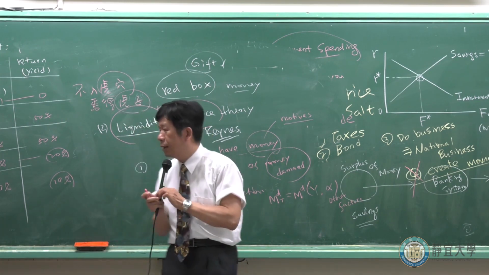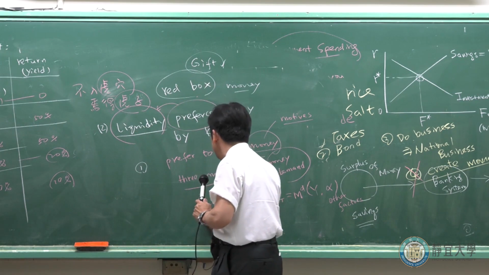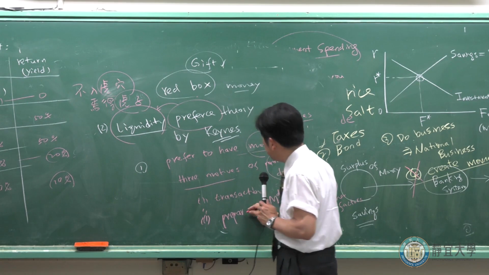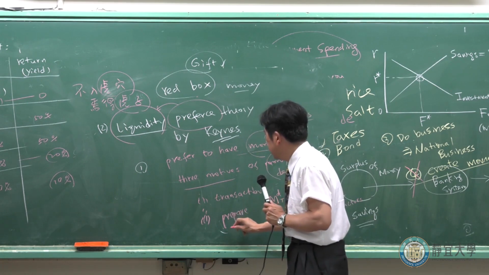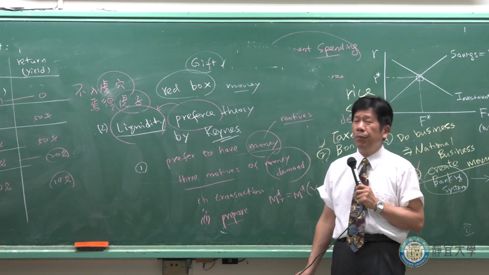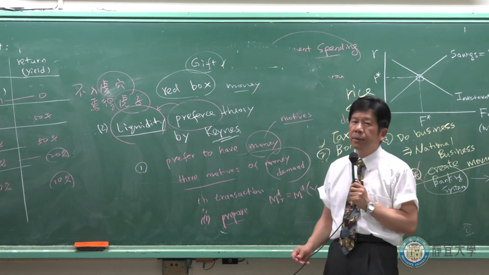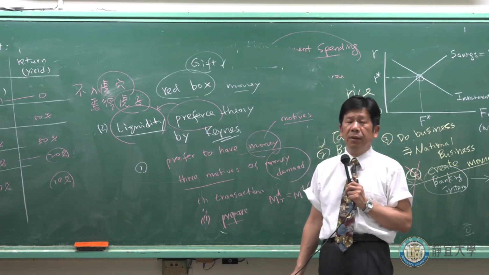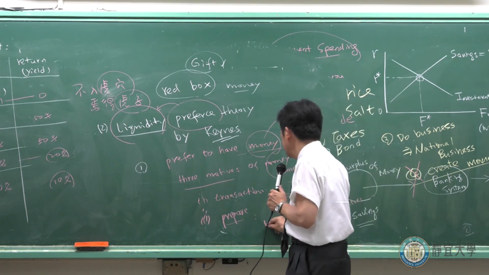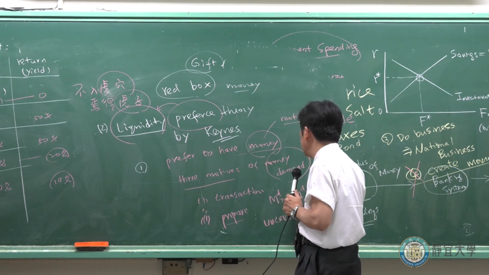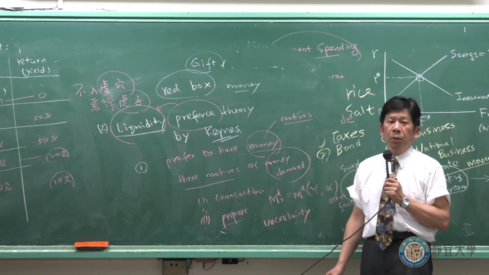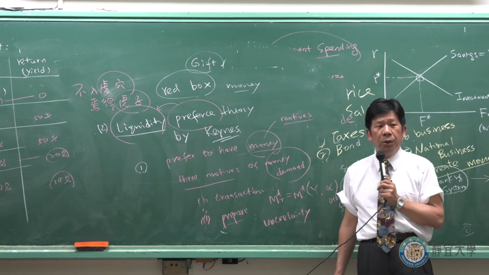Okay? And the second one is for precaution. Because everybody will also consider uncertainty. Okay, so when we face uncertainty, we don't know about tomorrow.